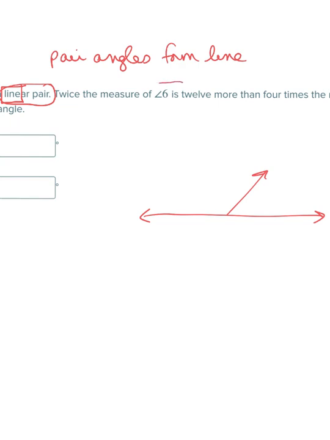It says that angle 6 is 12 more than 4 times the measure of angle 7. So I'm going to call this angle 7. I'm going to call this angle 6. It doesn't matter how you label your diagram. But we have to now translate.